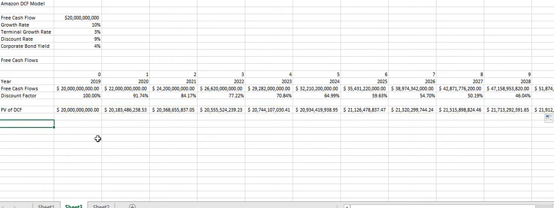And then we still have more to do here. In this example, what we need to do is get the free cash flow in year 11, which in this case is going to be 2030.